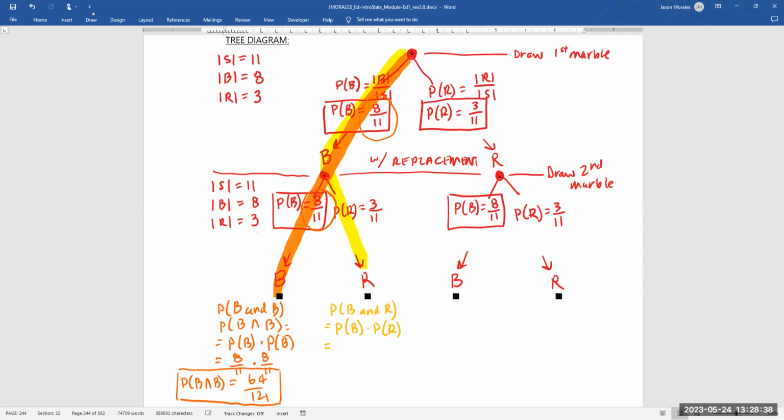And so the probability of blue first was 8 out of 11. And the probability of getting red second was 3 out of 11. And so the probability of blue and then red is 24 out of 121.